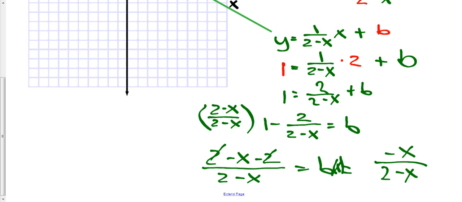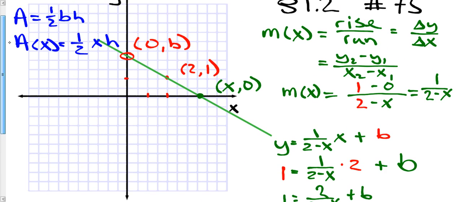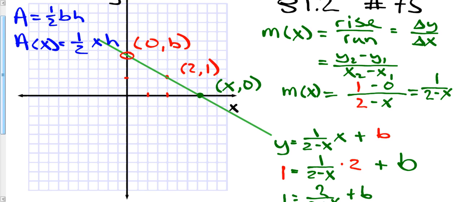Now, this b is going to be that guy. That's my h, right? So now I got area with respect to x equals 1/2 x times b with respect to x.